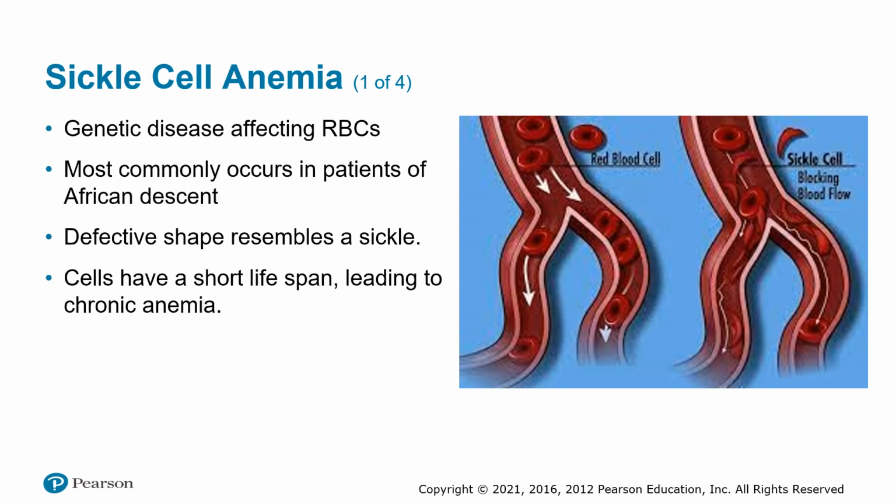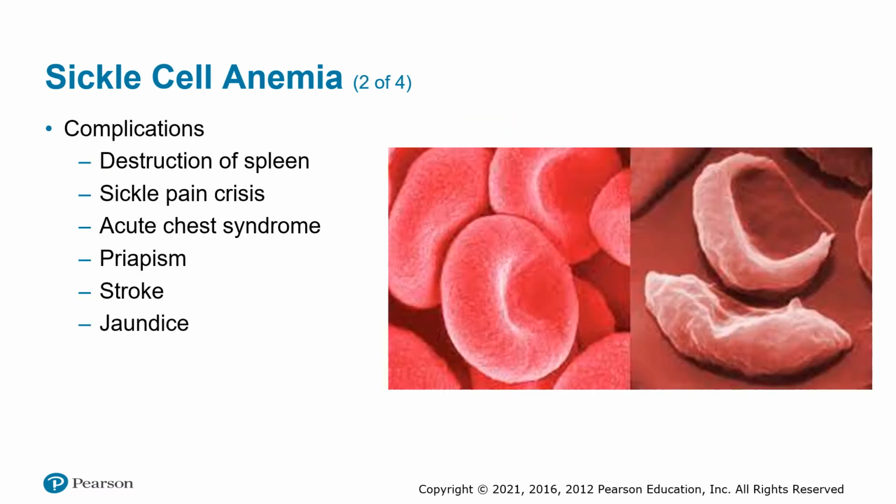Cells have a short lifespan, leading to chronic anemia as well. When this occurs, I think we'll talk about it, but when this occurs, it is painful. So it can cause destruction of the spleen, a sickle cell pain crisis, acute chest syndrome, priapism, stroke, and jaundice.